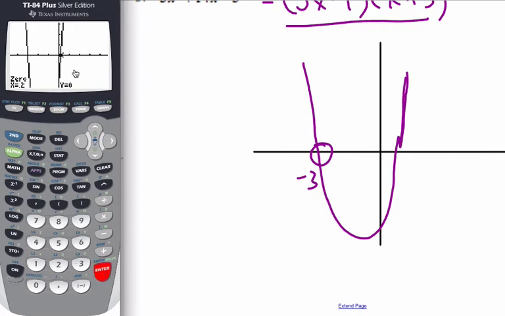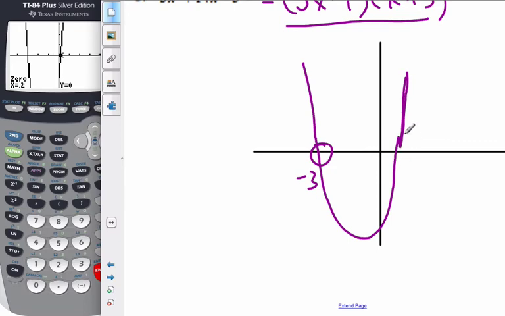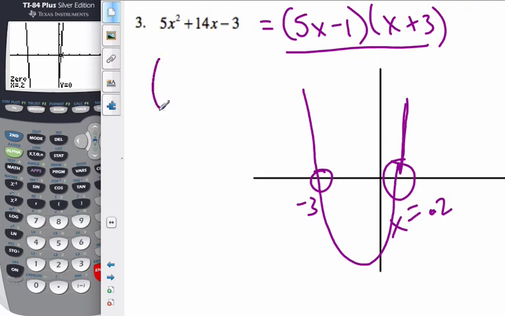I get x is equal, this value here is 0.2. X equals 0.2.